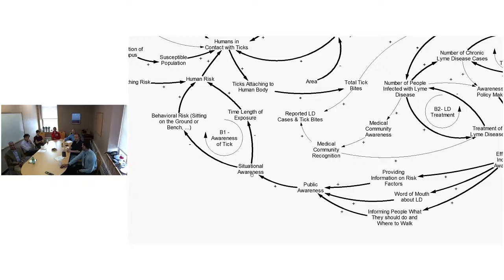By situational awareness, we mean that people start to adjust their behavior by looking at the environment, by seeing how ticks are affecting their lives. So they try to decrease their behavioral risk, such as sitting on the grass or wearing shorts in the summer and hitting the shrubs.